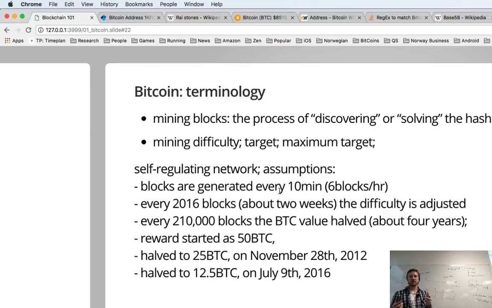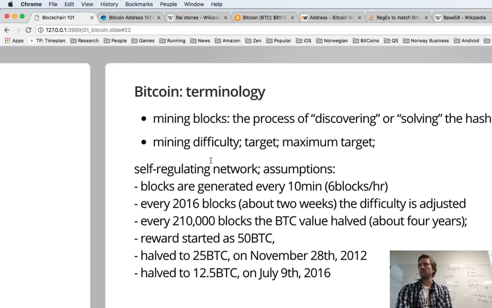The process goes that this block discovery takes about 10 minutes, given the hash power of the network. So they have to solve a hashing function, and the mining difficulty sets the task such that the entire network takes roughly 10 minutes to do that, right?